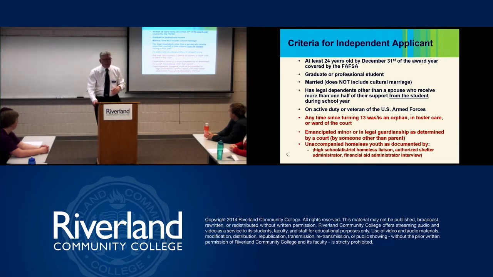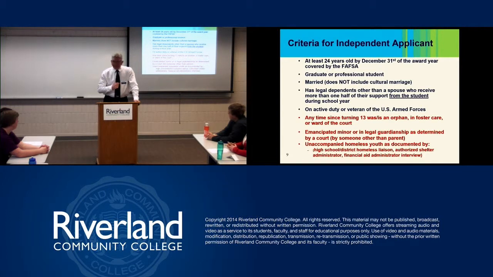And there are cases where an individual under 24 might be a ward of a court, or removed from their home. They may even be a homeless youth, where if that can be documented and they're under 24, they would be considered independent and would not have to report any parent information on the FAFSA form.